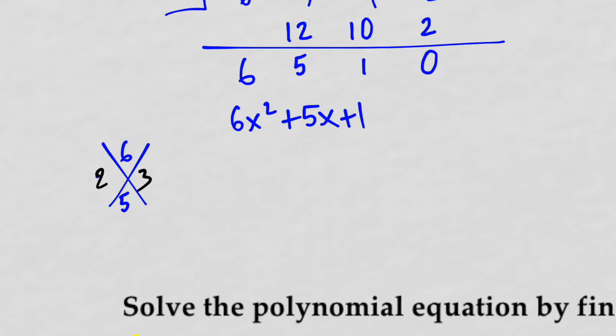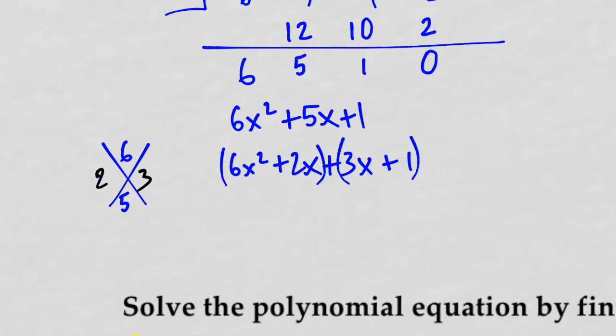There you go. So we're going to set this up. It's going to be 6x squared plus 2x plus 3x, right? Those two come from here, plus 1. And then factor by grouping. It should work. It has to work. If you do X factor and you did your numbers correctly, factoring by grouping should work here.